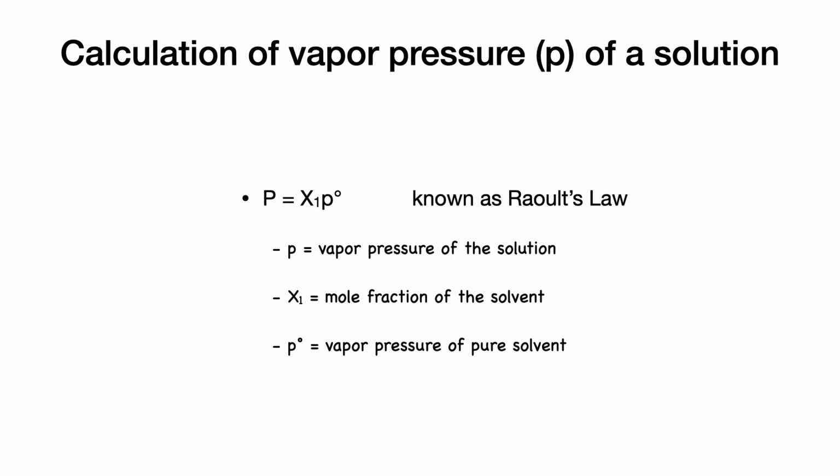It's equal to X1, which is the mole fraction of the solvent, which we just learned the definition of, times the vapor pressure of the pure solvent, P0. So vapor pressure is a product of the mole fraction of the solvent times the vapor pressure of the pure solvent.